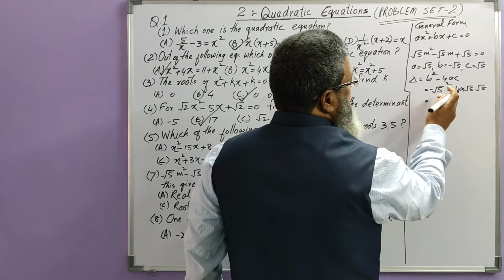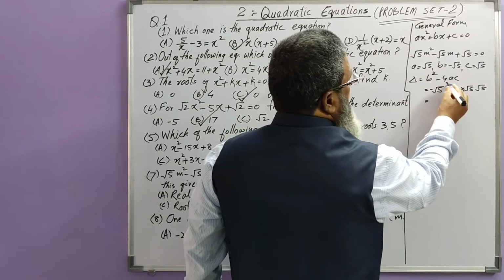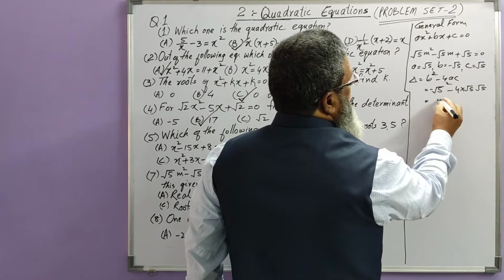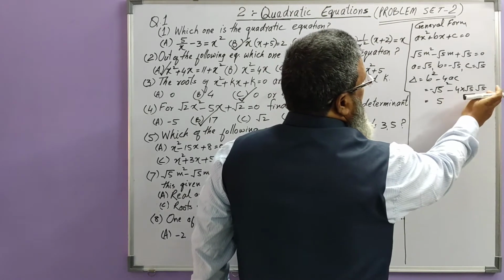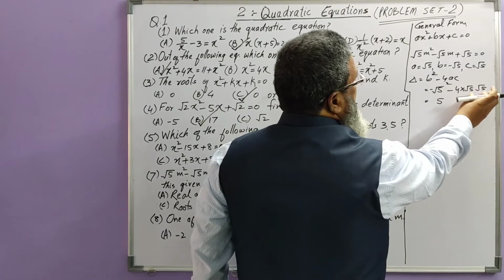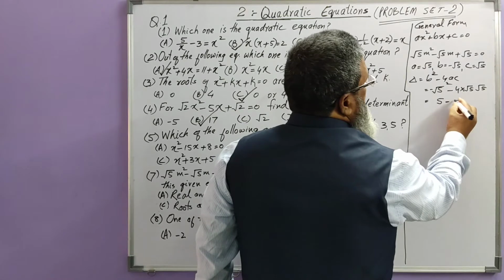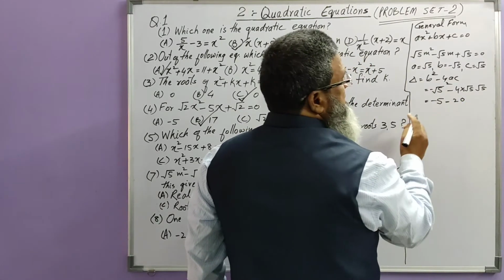So this minus root 5 whole square will give 5, root 5 square, so root 5 and square get cancelled and it will become 5. And this 5 into 5, root 5 into root 5 is 5, into minus 4 is minus 20, and here it is minus 5.